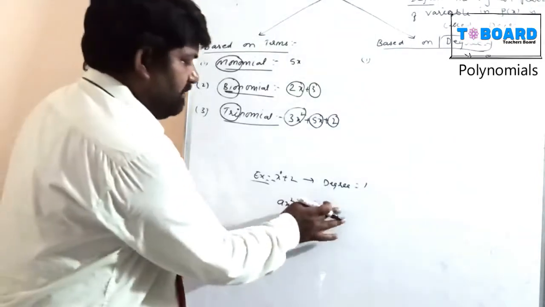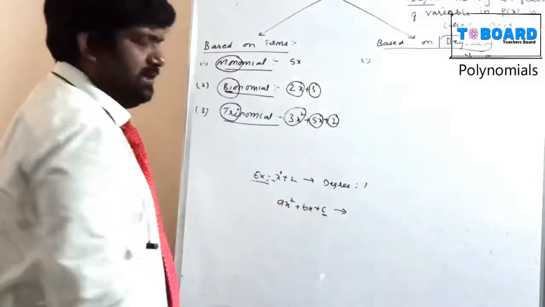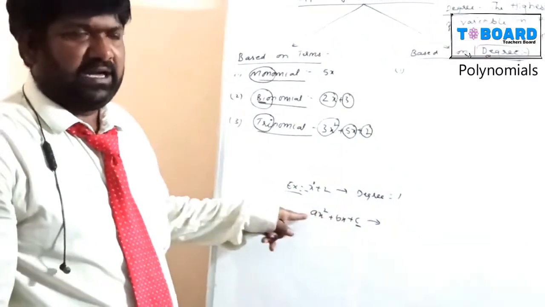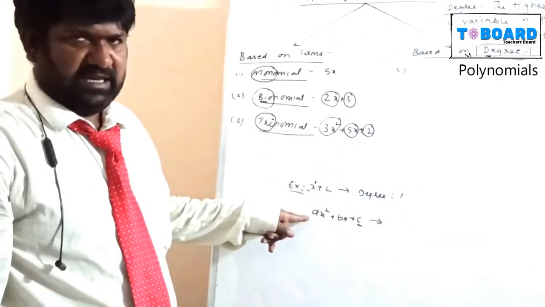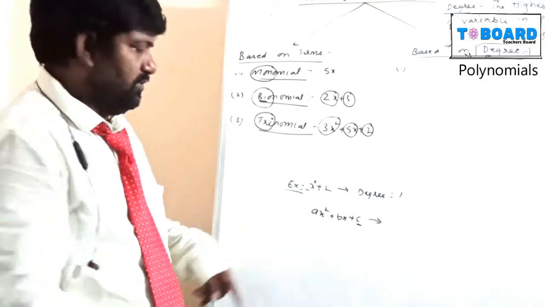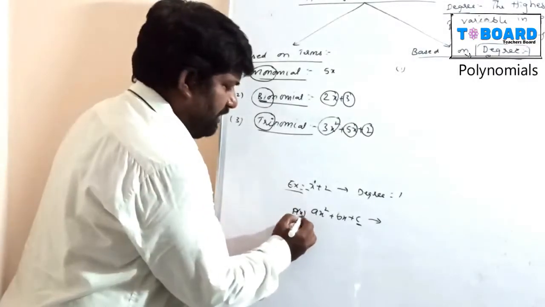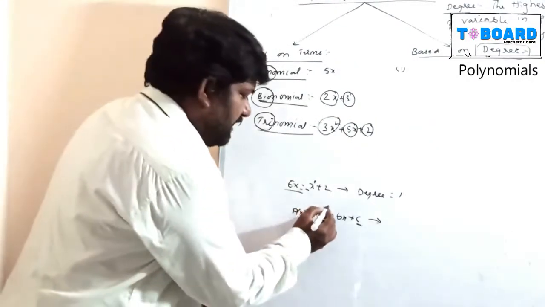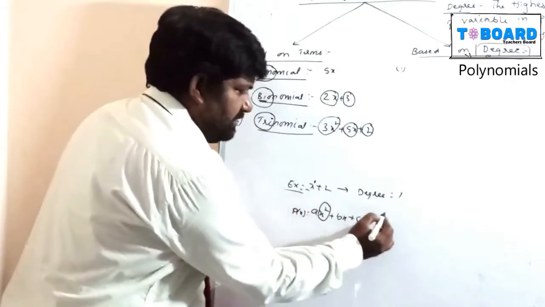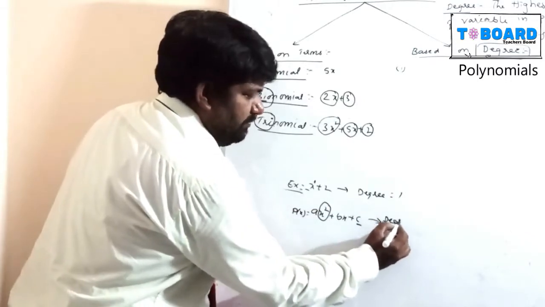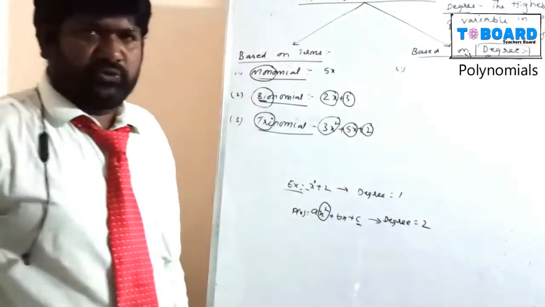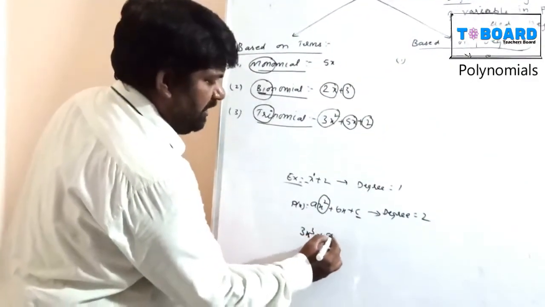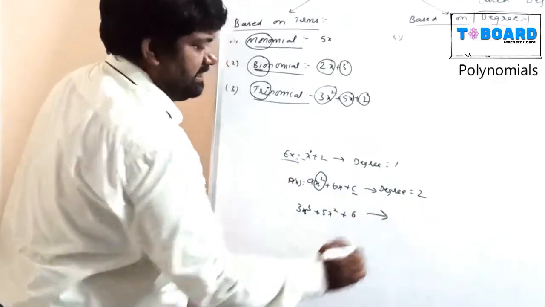Here the variable is x. In p of x equals ax square plus bx plus c, the highest power is 2, which means the degree is 2.